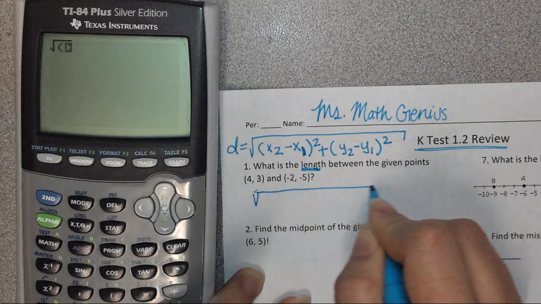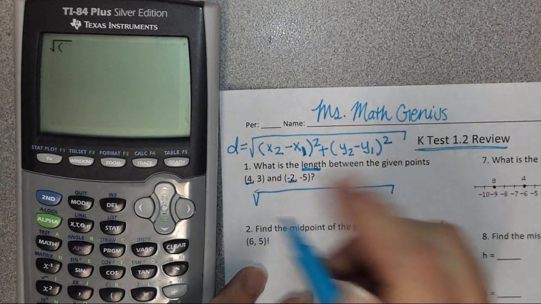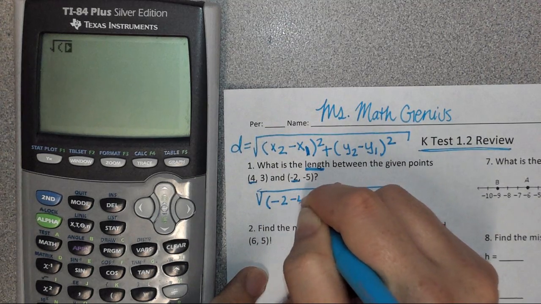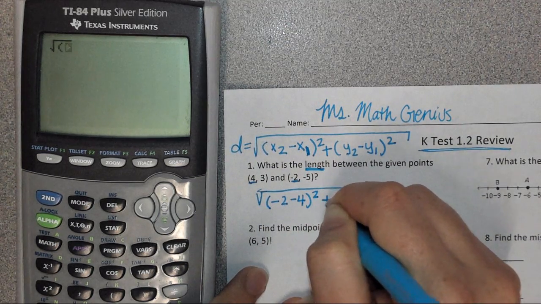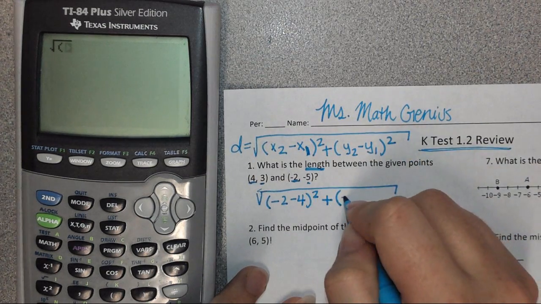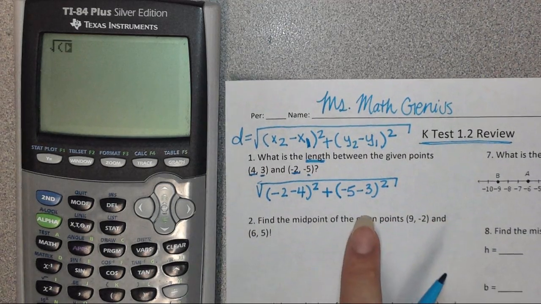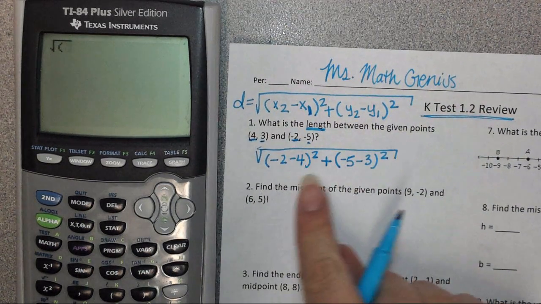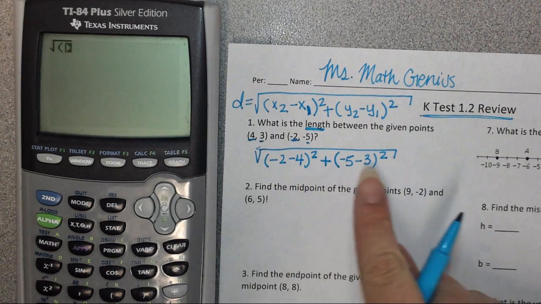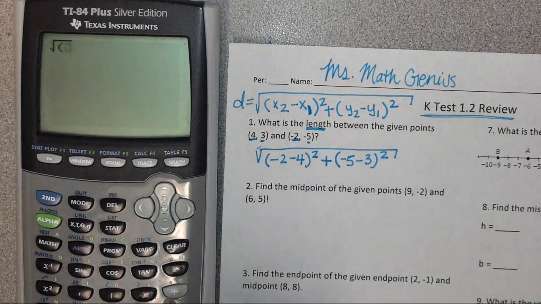Our x values in this problem are 4 and -2, so I'm going to do -2 minus 4 squared plus our y values, which are 3 and -5. So -5 minus 3 squared. When you type this into the calculator, it needs to look exactly like this, taking these coordinates and plugging them into the formula.